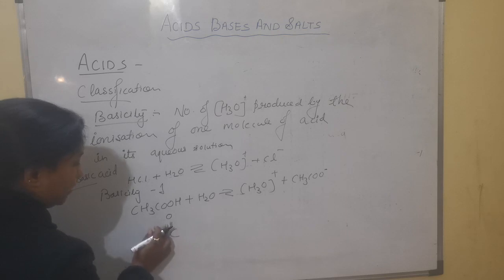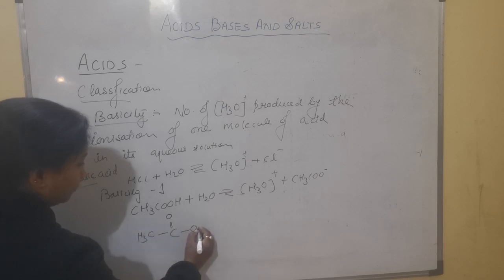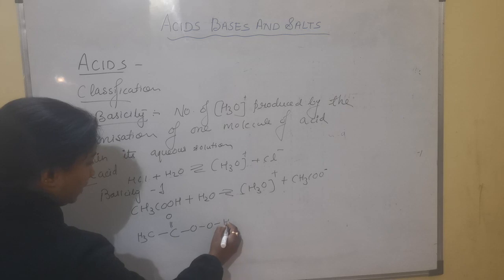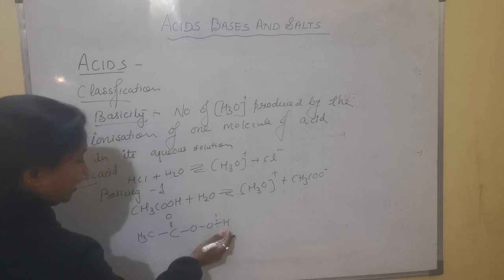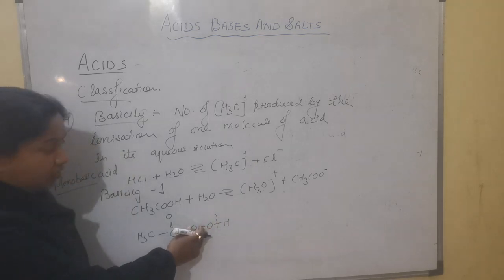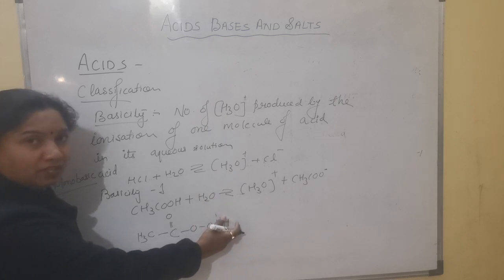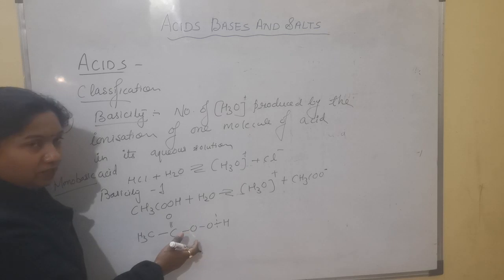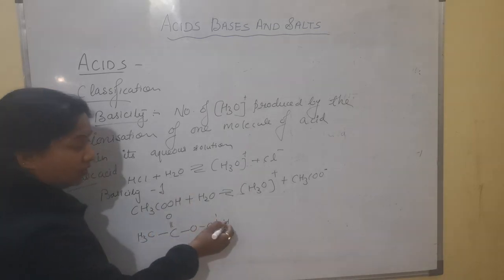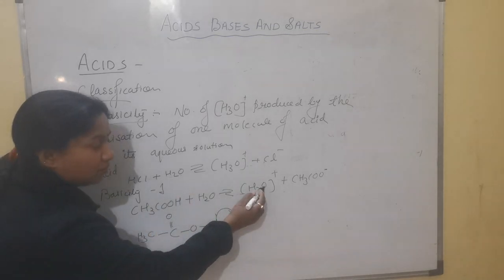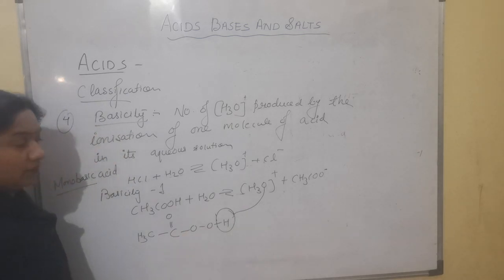This carbon is attached with a double bond to this O, and this is a methyl group, and OOH. So this H that is attached to this oxygen is ionizable, meaning in aqueous solution this hydrogen will get removed from here. So it is actually this hydrogen atom that is producing hydronium ion.